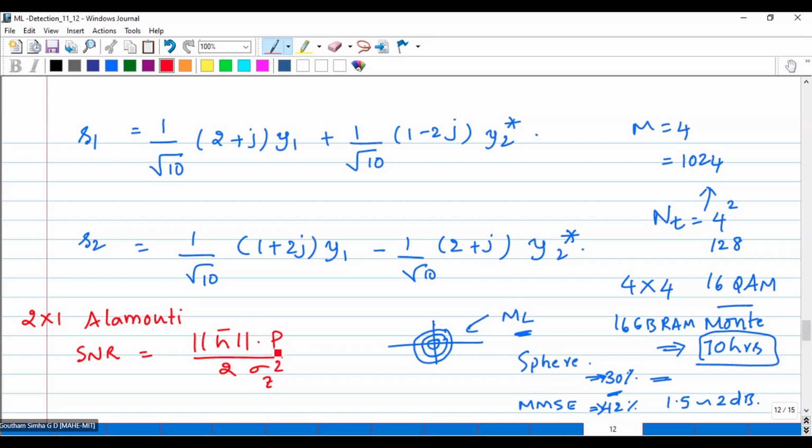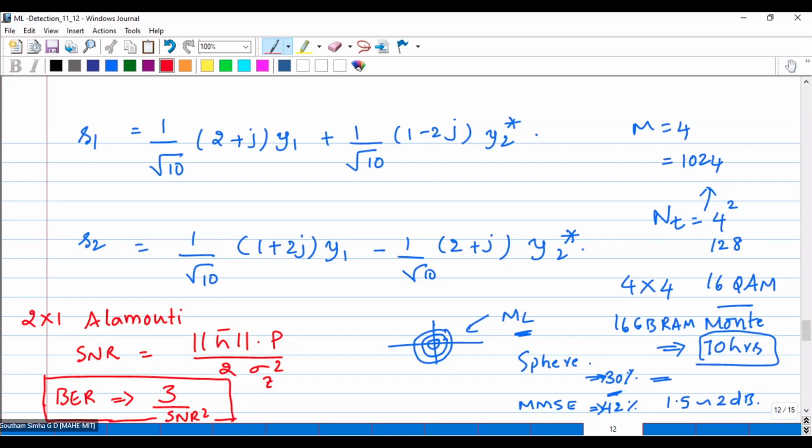This equation you have seen; it is divided by 2 because of the 2 different slots. So the BER at high SNR will be something like 3 divided by SNR squared. You have to remember this.